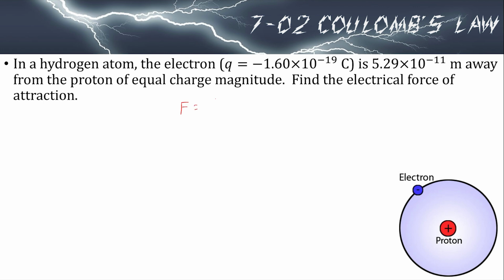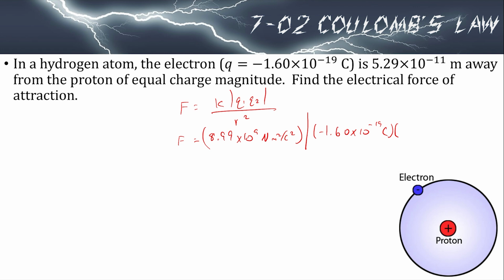So our force is k Q q over r squared. k is 8.99 times 10 to the 9 newton meter squared per coulomb squared. Then there's the absolute value of the charges. So we have the electron, and the proton is the same charge but positive.